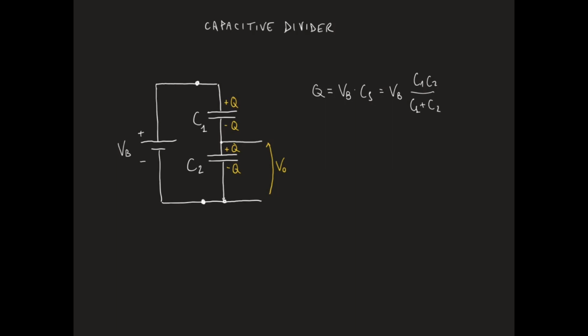On the other hand, we can also say that the same charge Q is equal to VO times C2.